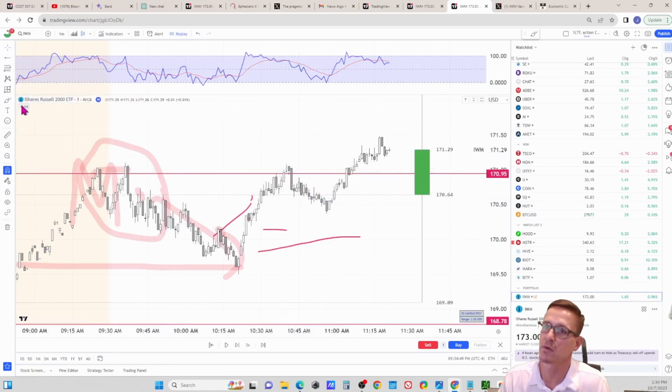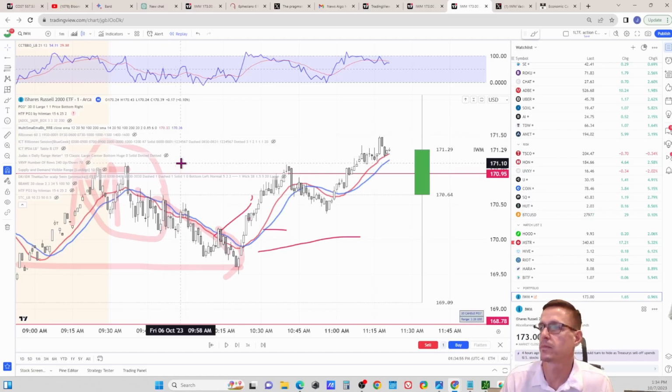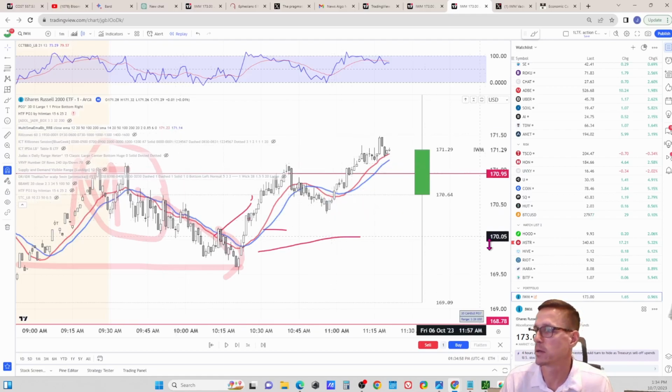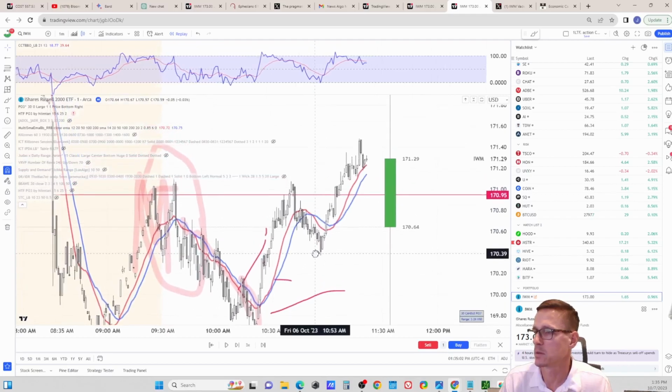If I throw in moving averages here, like I was talking about earlier, there they are. So if you look at these guys, they're obviously way late. It would have been a sign.